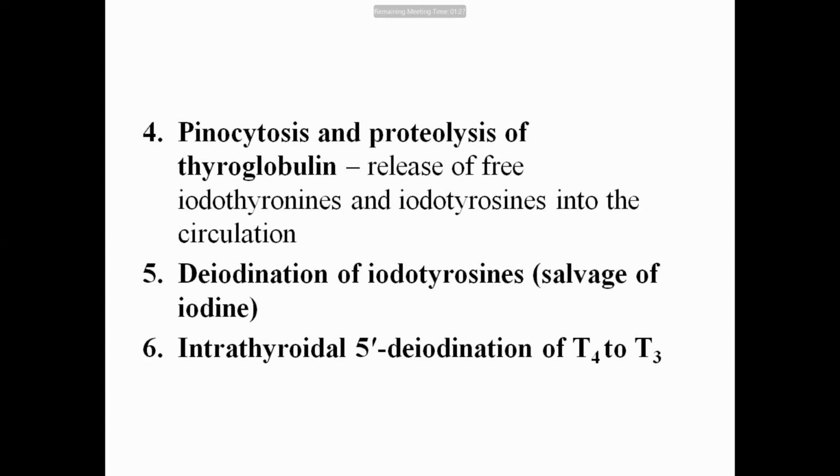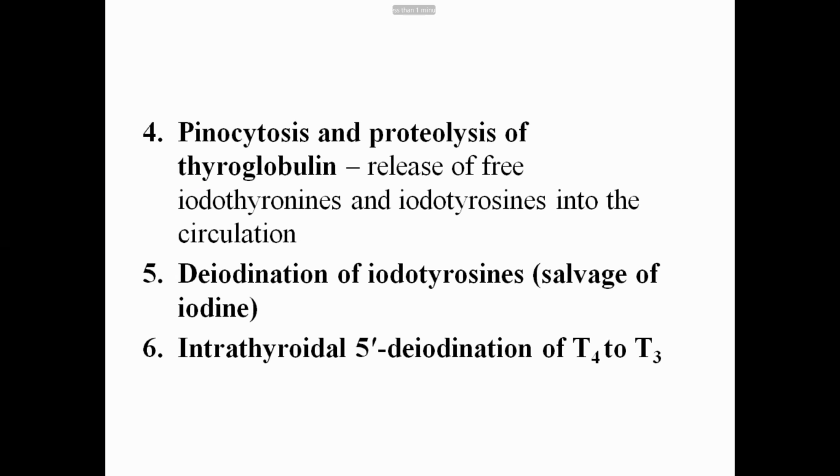From those iodotyrosines which are not able to couple to form iodothyronine, the iodines are removed, which is called deiodination, and these free iodines are again reutilized by the thyroid gland for the synthesis of thyroid hormones. We call this the salvage of iodine.